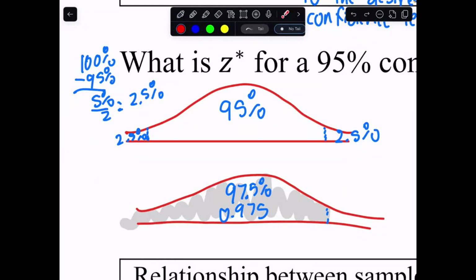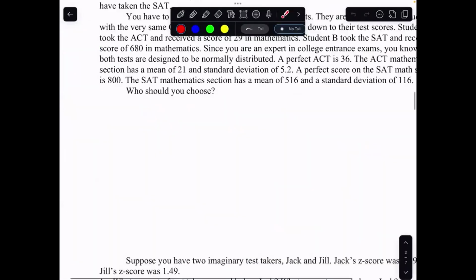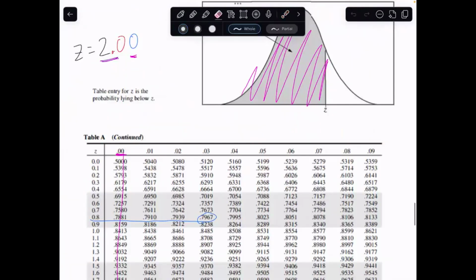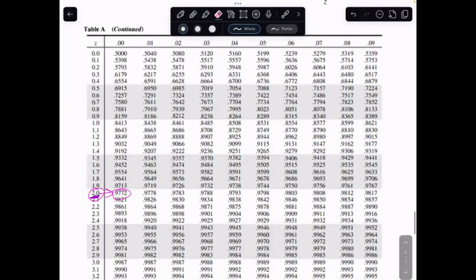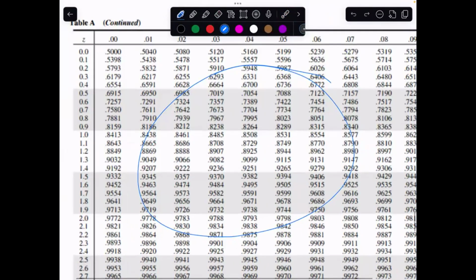Okay, so looking at the table from last lesson, we want to find an area of 0.975. Again, not the z-score 0.9, but area 0.9. So where would that be?